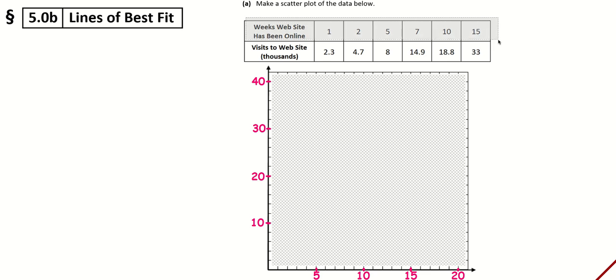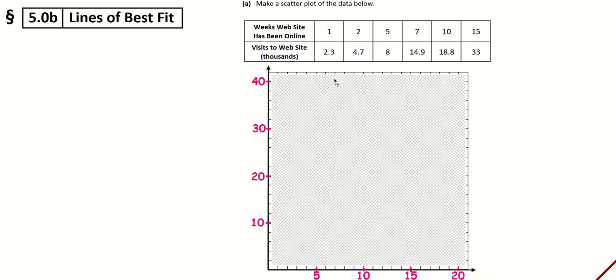This is traditionally supposed to be your x-axis variable that's more independent, and then this is a little more dependent. So you should label this axis the weeks, the number of weeks, and this would be the number of visits right here.